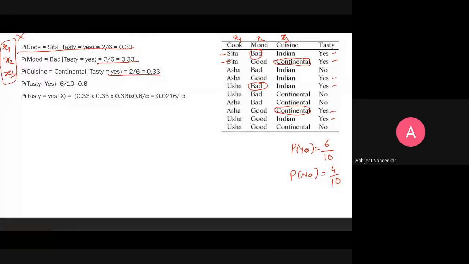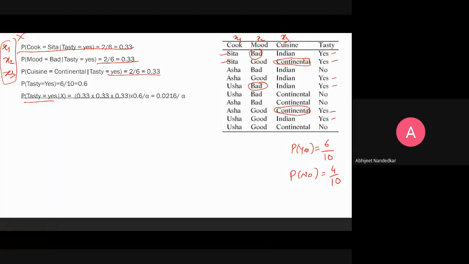What is the question? The question is, with this capital X, is my food tasty? So that is the question. We can solve this using Bayes. Here we will solve using Naïve Bayes.